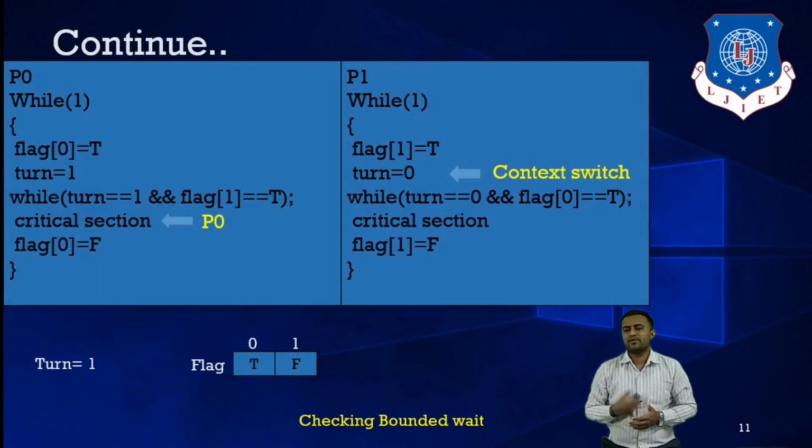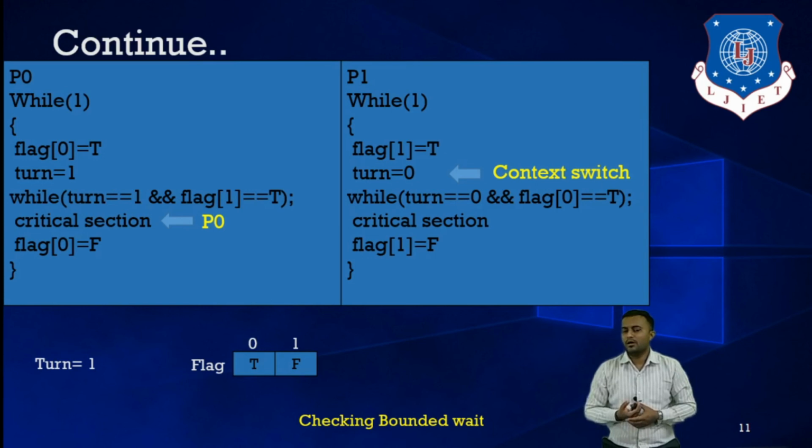So bounded wait means what? After a fixed period of time, if a process has requested, that process needs to be able to enter into the critical section. That is bounded wait. So let us check.